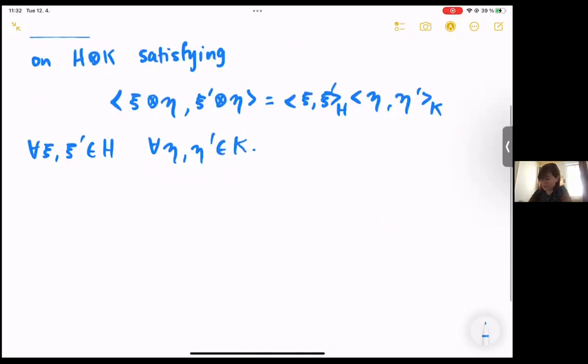And then the Hilbert space tensor product of two Hilbert spaces is going to be the completion of this algebraic vector space tensor product with respect to the induced norm from this inner product.